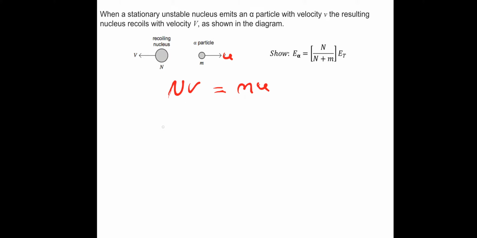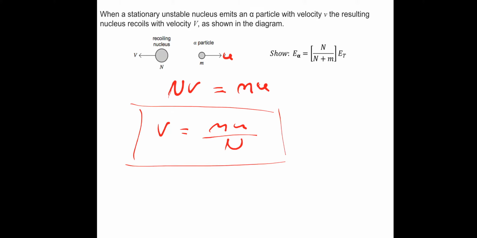And what I'm going to do is find v. So v will be equal to mu over n. And you probably need to write this down and just leave it off to the side somewhere. Then if you apply the kinetic energy, so the total kinetic energy will be the kinetic energy of the recoiling nucleus plus the kinetic energy of the alpha particle, you may be able to do a substitution and figure that out now.